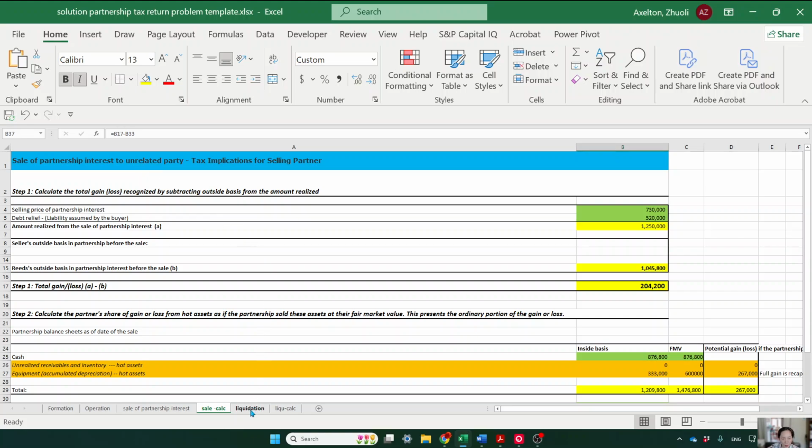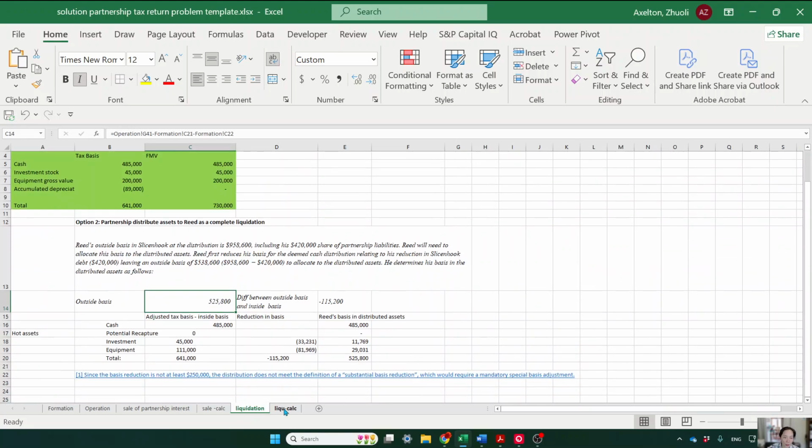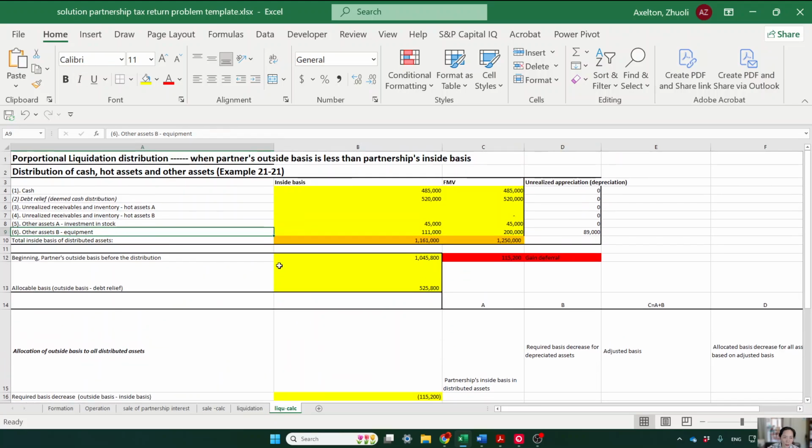As far as the liquidation goes, we're going to take a quick look at the liquidation calculation. The first thing I want to clarify is that in our partnership liquidation Excel template, we have several templates because we have different scenarios.